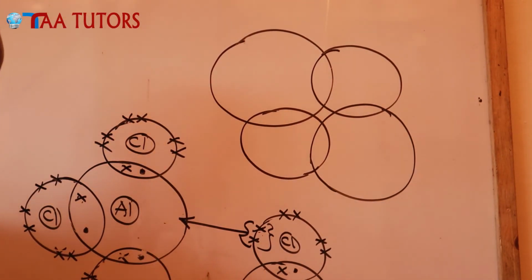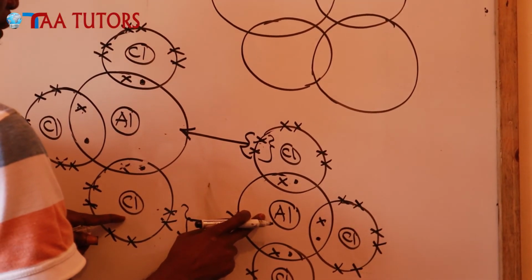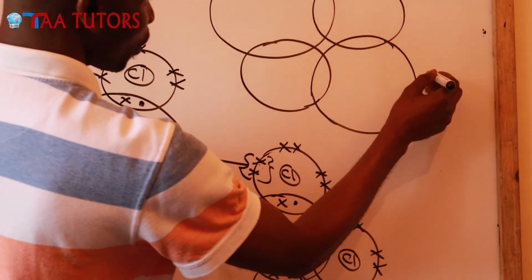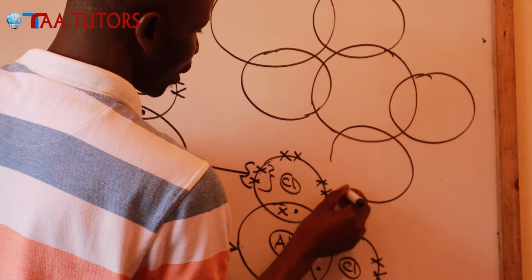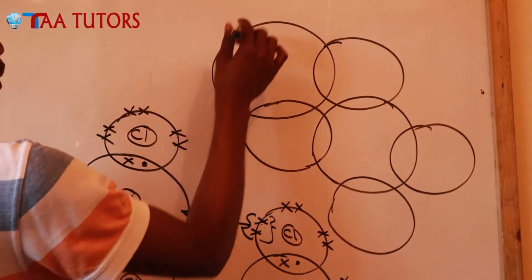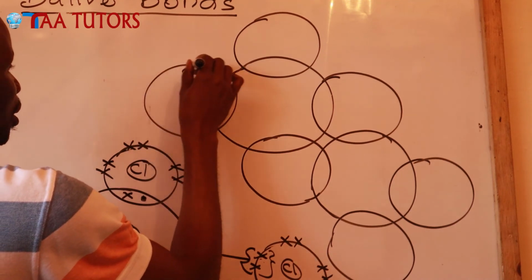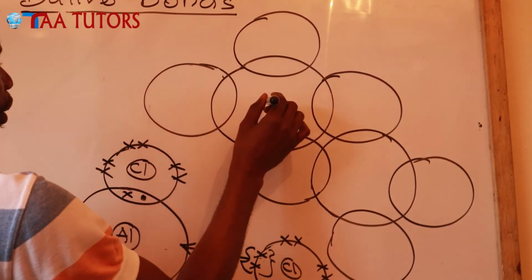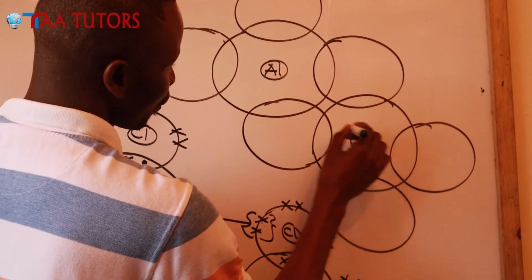So this chlorine, these are the ones I've drawn, and these 2. So if I've drawn those, meaning here I have to add 2. Let me draw 1 here and 1 there. Then I'm missing another one here and another one there. So this is the Al, this is the Al to have there.